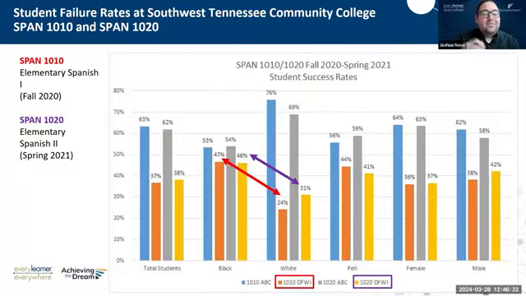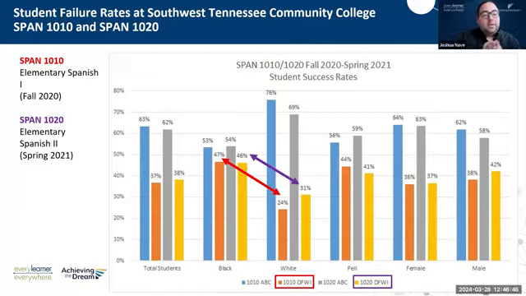So sorry. 40% of our Black students were failing, and 24% of our white students were failing. And then when they moved into Spanish 1020, 46% of our Black students were failing, and 31% of our white students were failing. So like April said, we were also looking for a way to raise everyone at the same time.